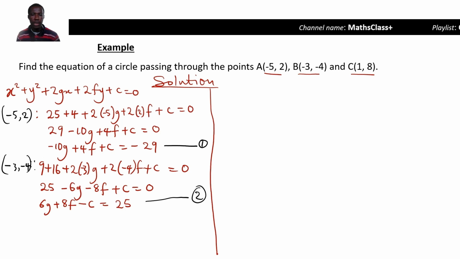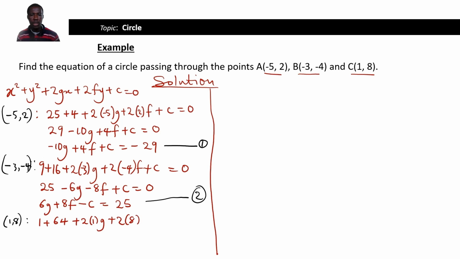Then I take the third point, which is 1, 8, and I substitute as 1 squared, 1, plus 8 squared, 64, plus 2 times 1 times g plus 2 times 8 times f plus c is equal to 0.